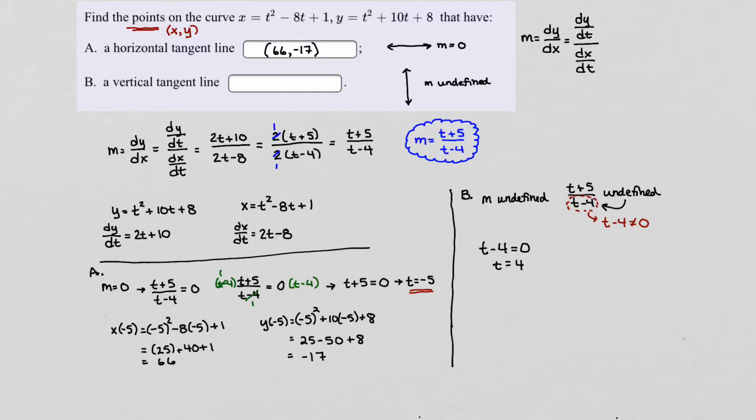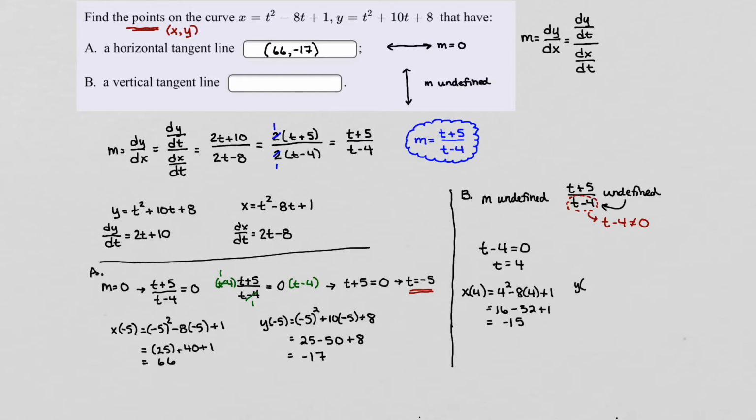So, with t equal to 4, we plug it in to the x function. When t is 4, x is 4 squared minus 8 times 4 plus 1. In other words, 16 minus 32 plus 1, which is -16 plus 1, which is -15.